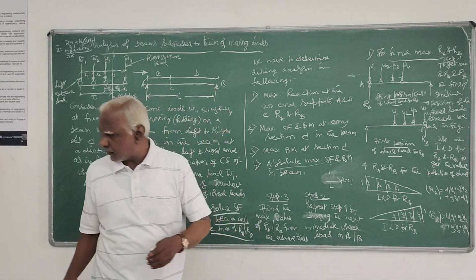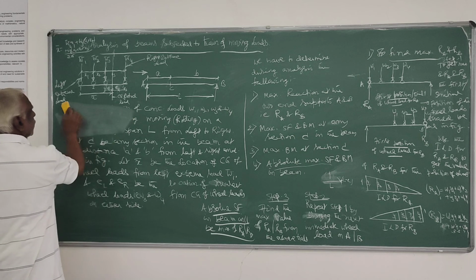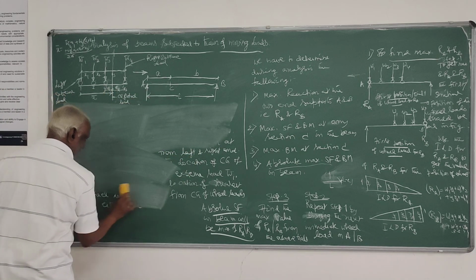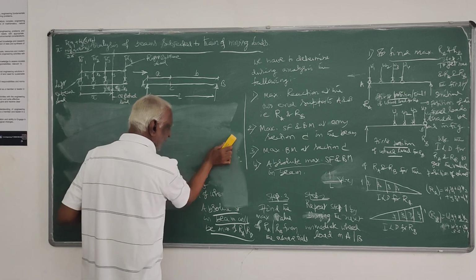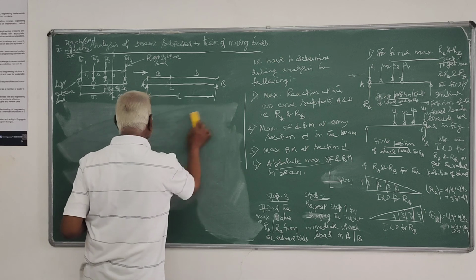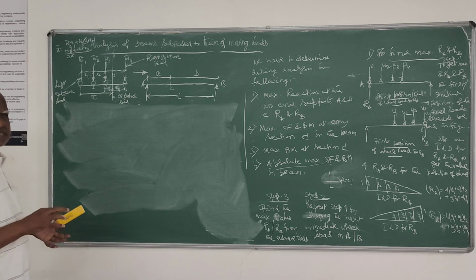So next we will take up the evaluation of maximum bending moment and shear force at any section C in the beam. Again, the procedure is similar to what we have seen for the reaction. First, you have to place the wheel load. That is trial 1.